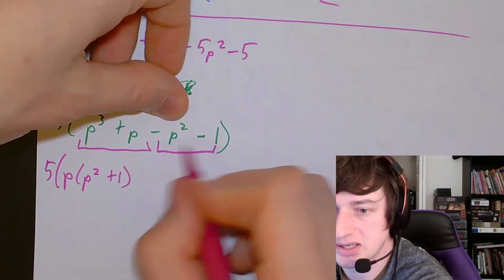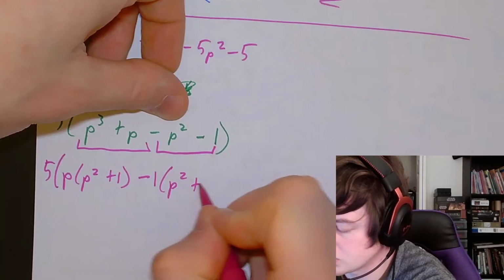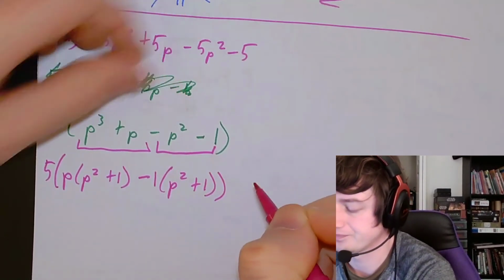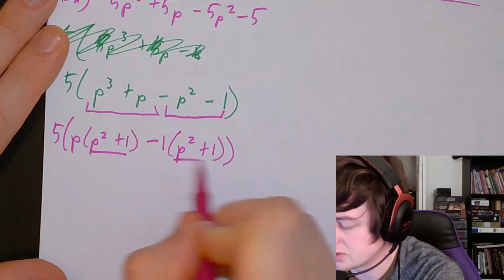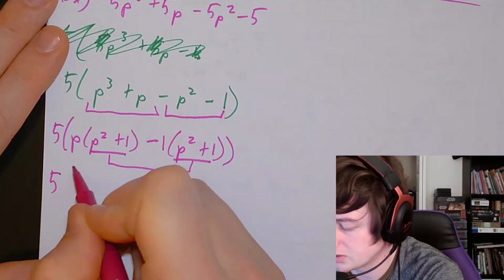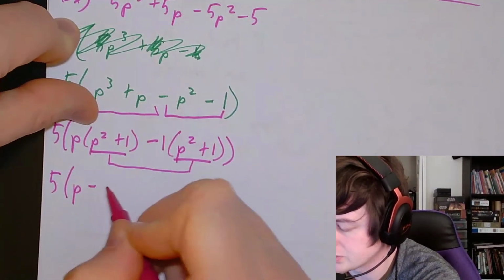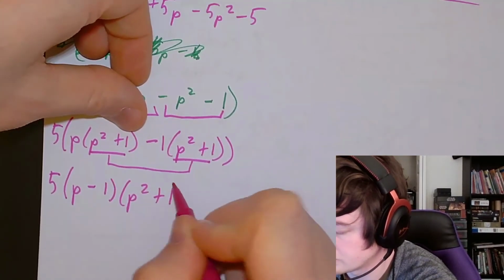And then I can take a negative 1 out of here, minus 1 times p squared plus 1. And so this is the same, and this is the same, so those go together. Left with 5 times p minus 1 times p squared plus 1.